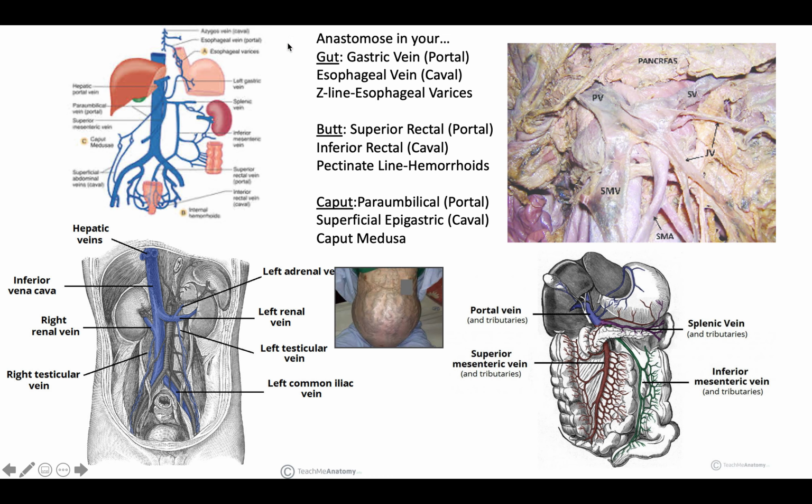These 2 will meet, and it's important because the gastric vein coming from your digestive blood supply, or your portal blood supply, will converge with your caval blood supply, or your esophageal vein. They meet at the Z line. Inferior to the Z line of the esophagus is going to be your gastric vein, your portal system. And superior to the Z line is going to be your caval system, your esophageal vein coming from your azygous vein, right?